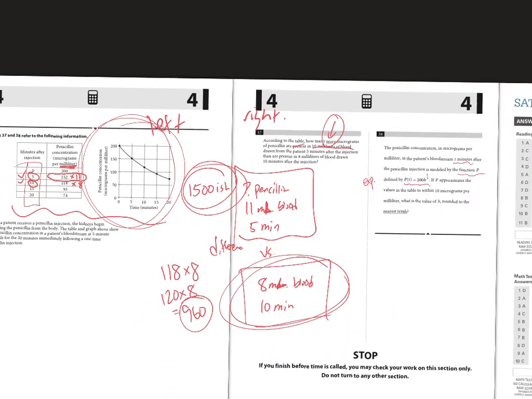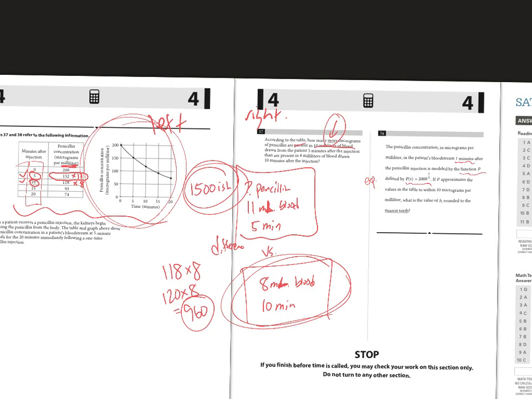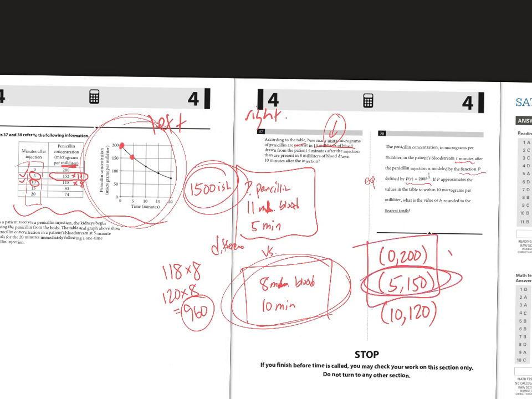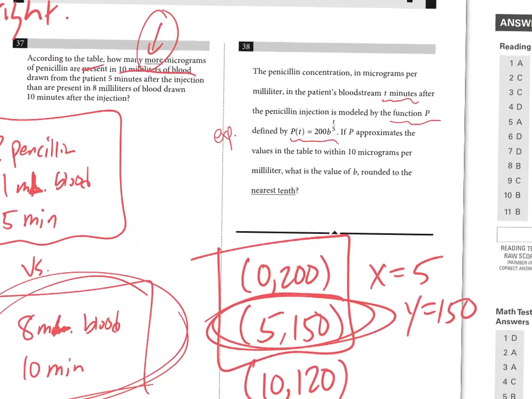Just remember, in this situation, we are being given points. We are being given 0, 200. We're being given 5, 150. We're being given 10, looks like maybe 120, 125, something like that. So we might look at this and say, let's plug in a t value of 5 and a p value of 150. If we do that, we can figure things out.